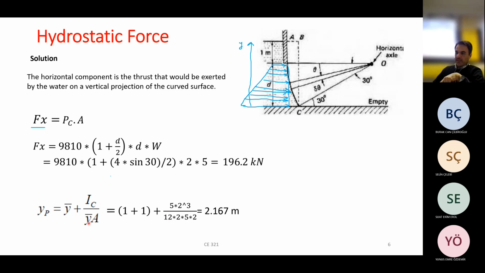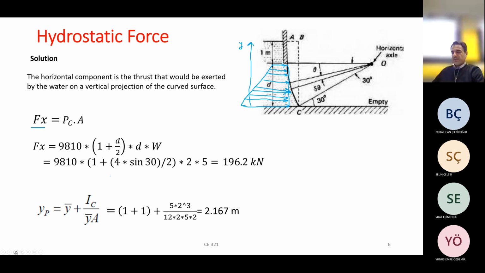Then times y bar. We already said that y bar is half of D plus 1, which means 1 plus 1, 2, times area. Area is 5 times 2. Therefore, 2.16 meters is the pressure center.